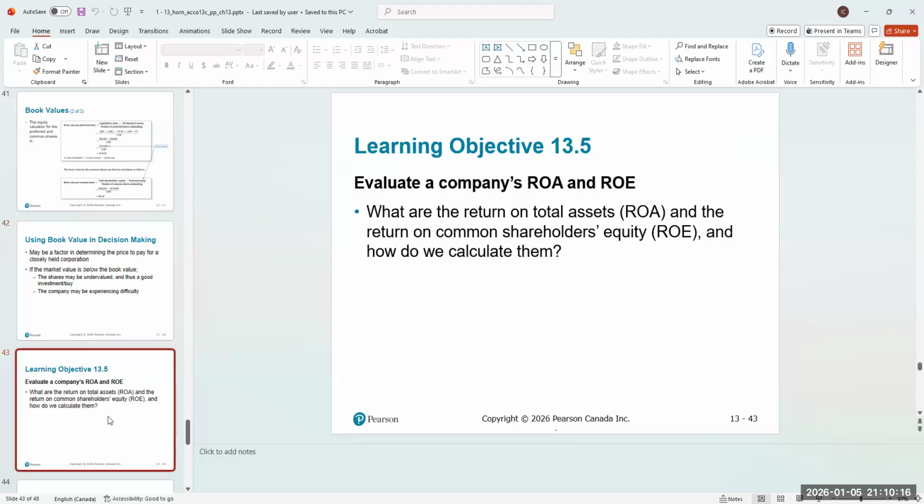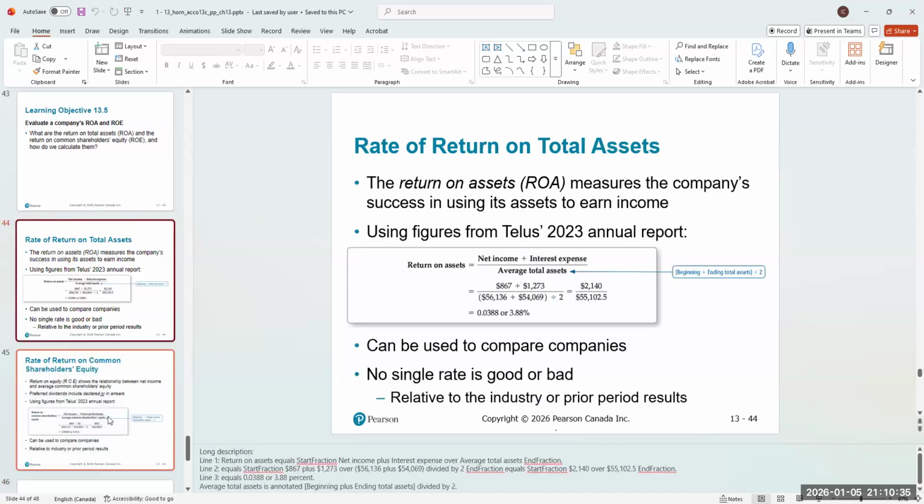So let's go to another evaluation of the company related to return on total assets and return on common shareholders' equity. Those are other returns that the investor is looking for, indicators that show whether the company is profitable or not. First, return on assets. How are we going to get this one? Return on assets is very simple.